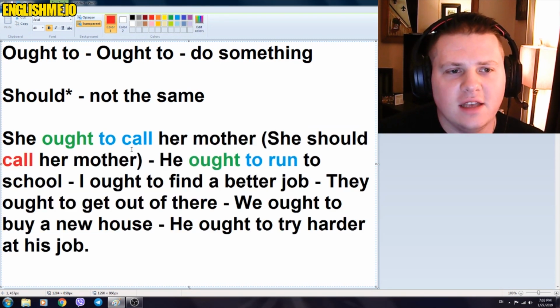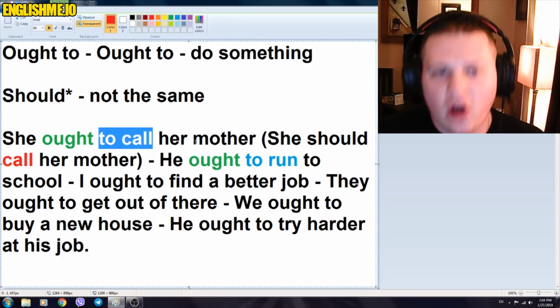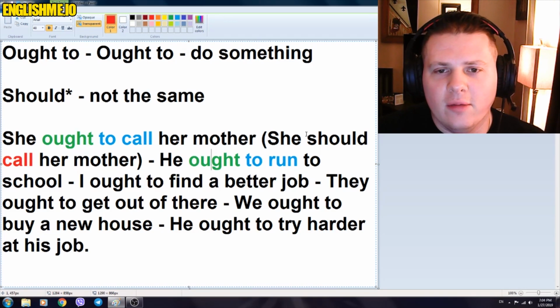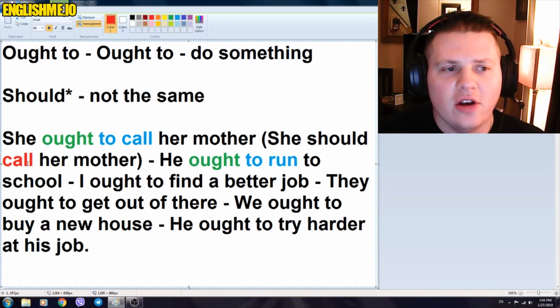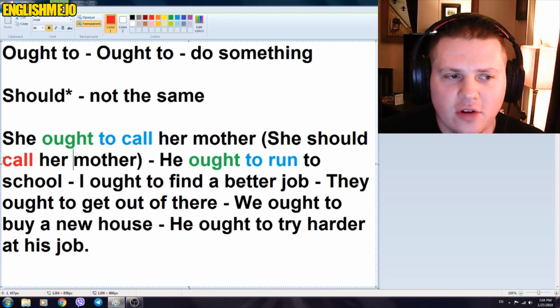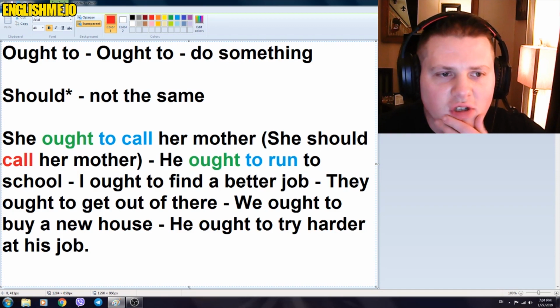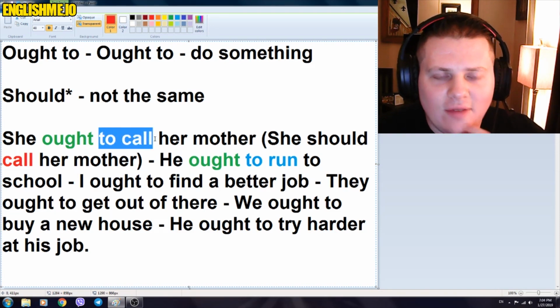So one has the infinitive. One is "to call." She ought to call her mother. And with should, it would be she should call her mother. There's no "to" there, so it's not the infinitive. That's the difference. So ought, we use like should, but you have to have the infinitive.